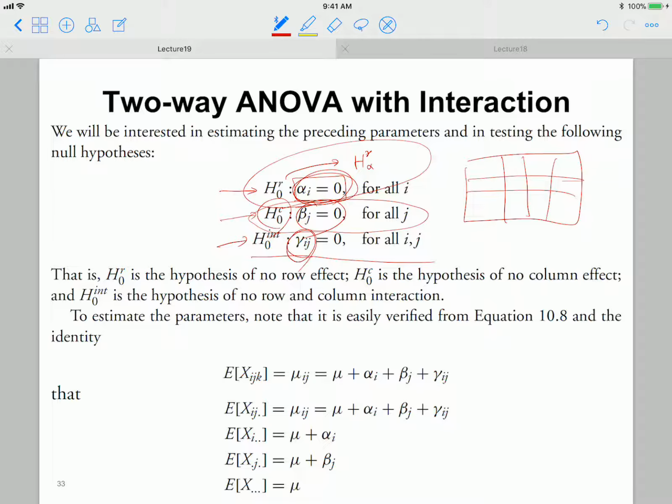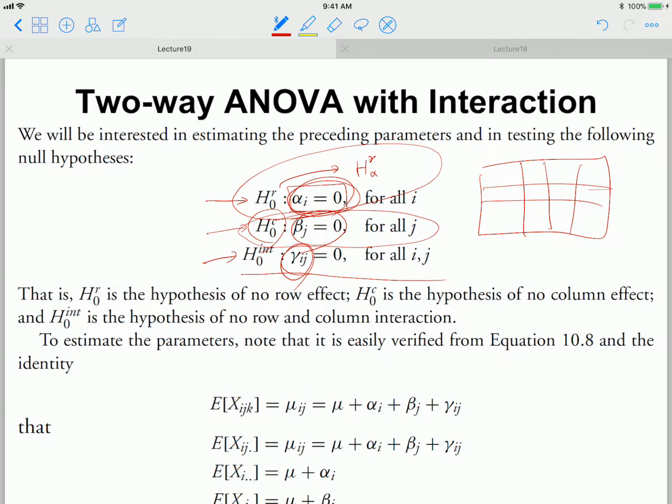In that case, the interaction term will be all zeros in every cell. So this is the null hypothesis about our interaction term, against the alternative hypothesis that at least one of them is not zero.